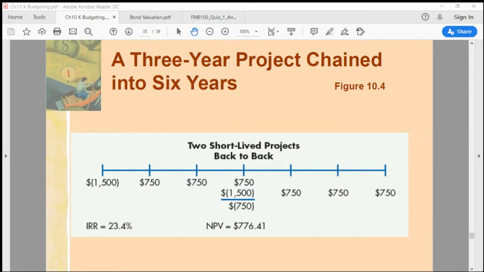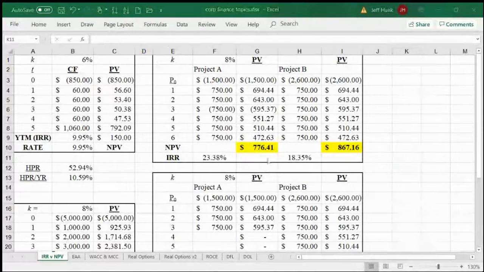So let me switch to Excel, and share the Excel screen so everyone can see it.